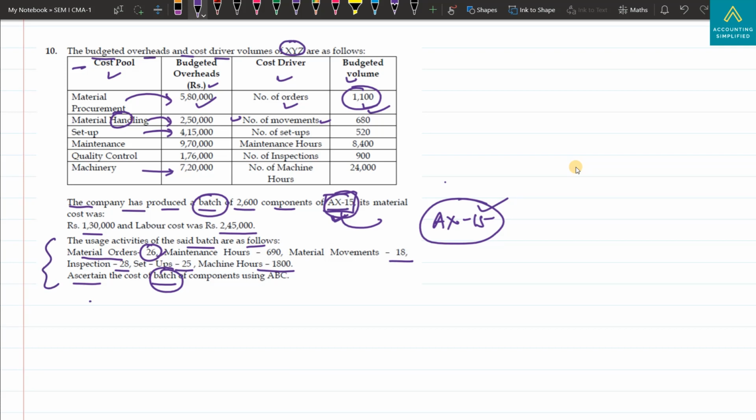From this information we can find out the cost driver rate per unit for AX15. So let's start step by step.